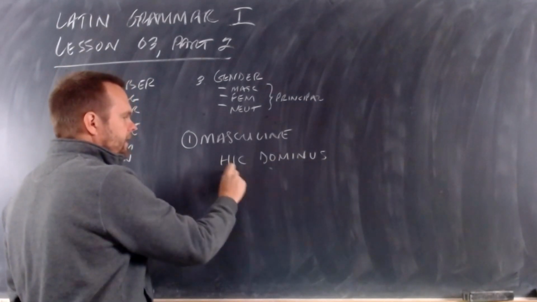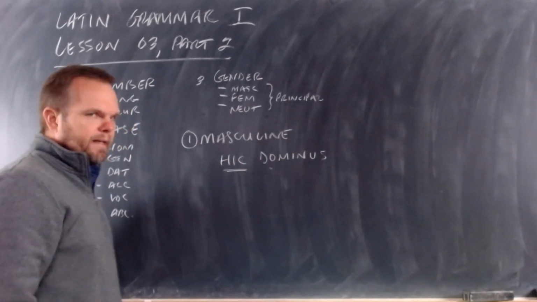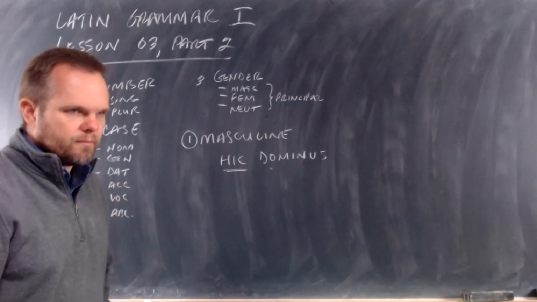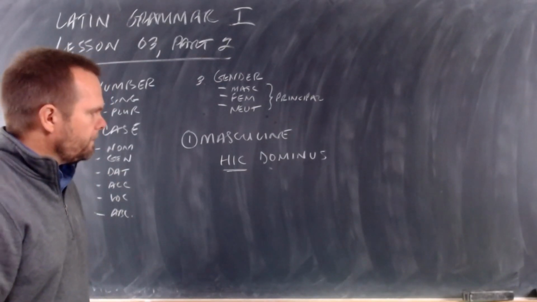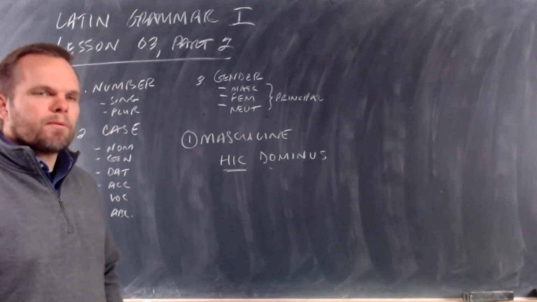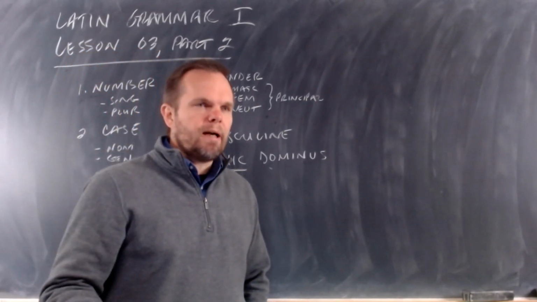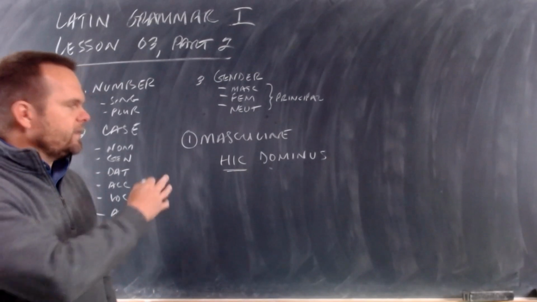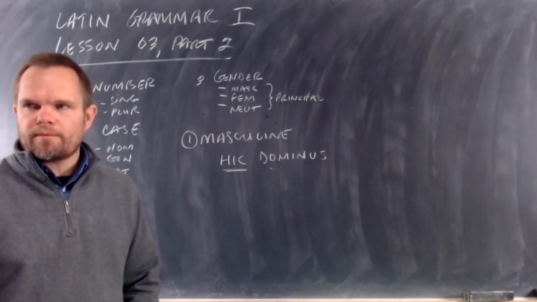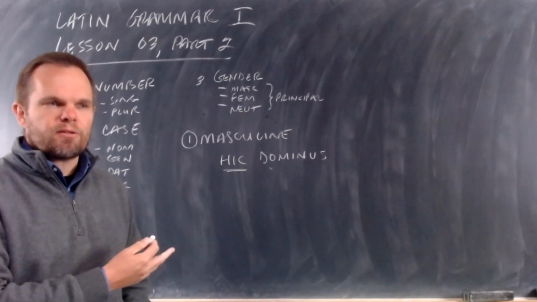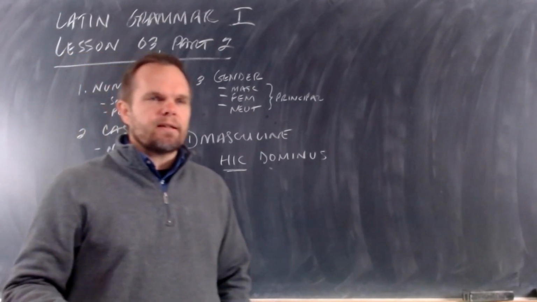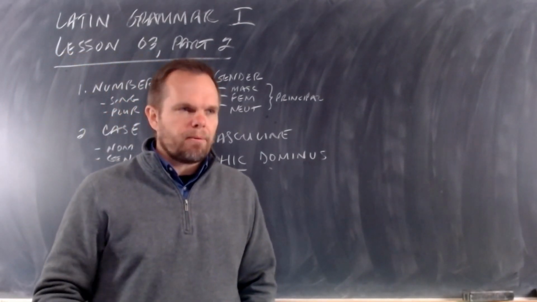How do we know that? Because the pronoun hic is set before it in Latin speech. All right? And remember, we're not making up the rules of grammar. We're studying someone else's language. We're studying the language of the ancient Romans. So when we ask, what is a masculine noun? What is a masculine participle?